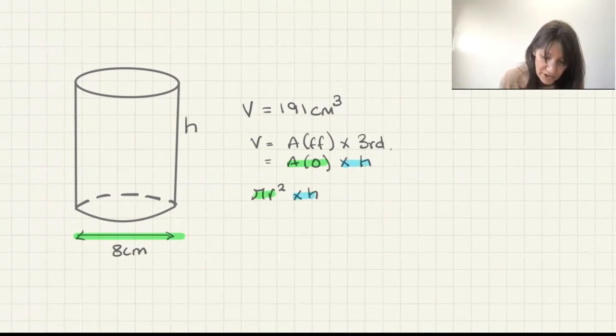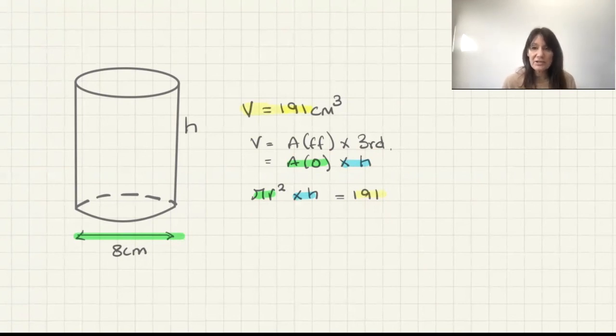And I'm also going to write that it equals 191, because it does. That is a fact. This area of front face times the third length, which is what this is here, equals 191, because that's what they told me there. So I know volume is equal to 191.